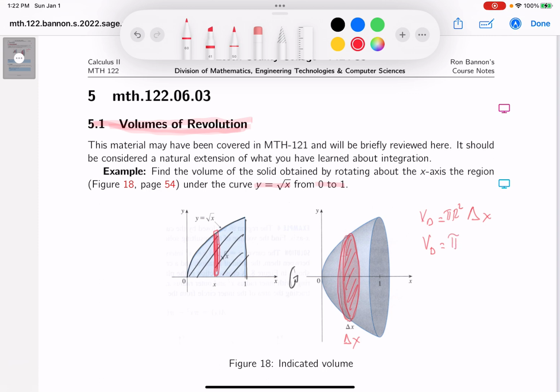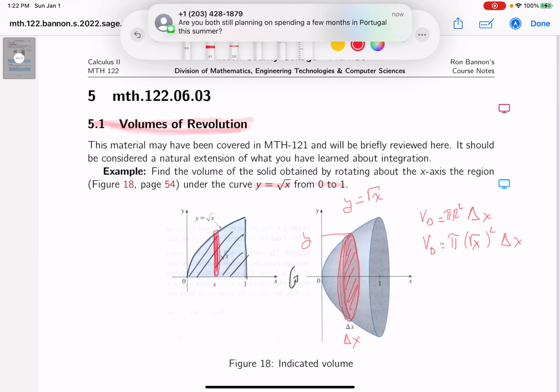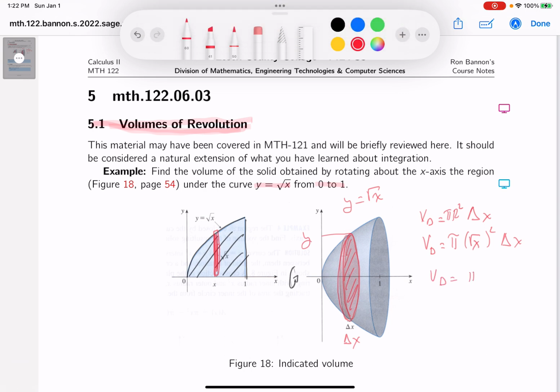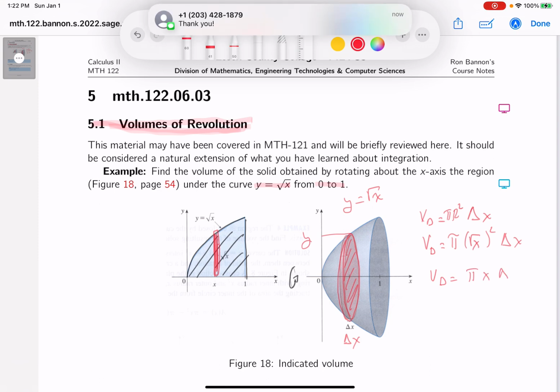We'd like to get everything in terms of x's over here. So what's nice about this over here, the height of this thing is really the y coordinate, and the y is just simply equal to the root of x. So you'd write that down. All right? So the volume of one of those disks, by the way, depending on where x is, would simply be pi x delta x.